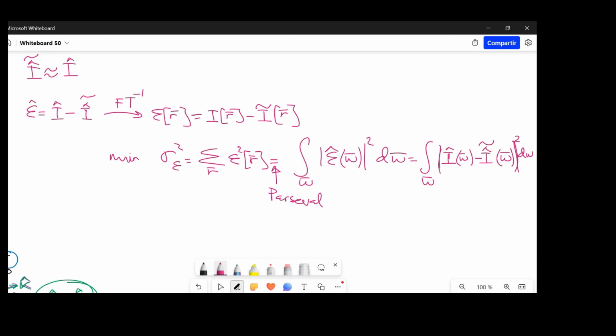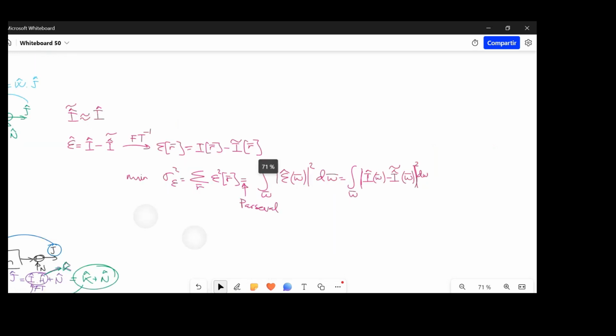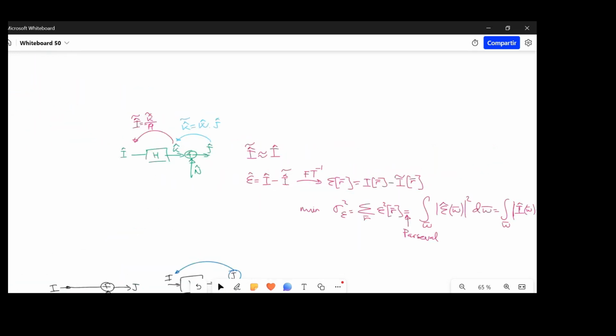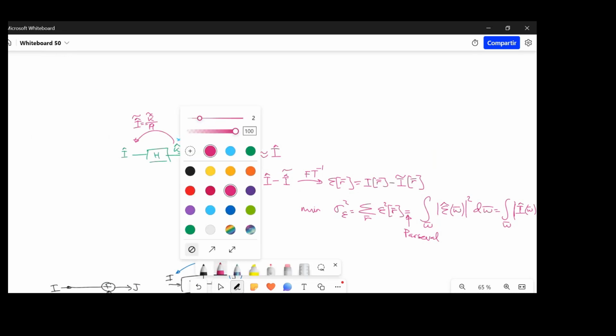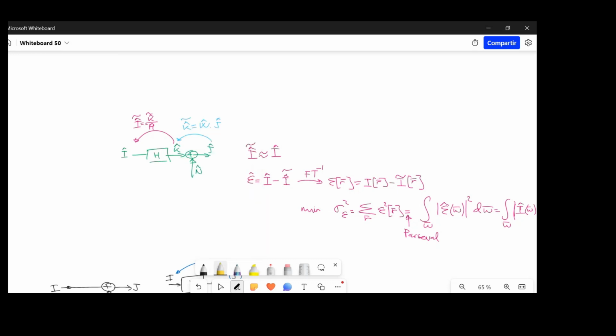I have to find, and this depends on what? Which is the only parameter that I have in my system. So W is a parameter. H is not a parameter, H is a given. So this minimization is performed with respect to W.